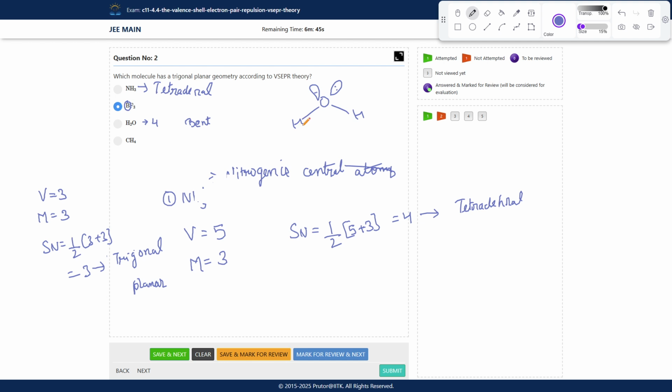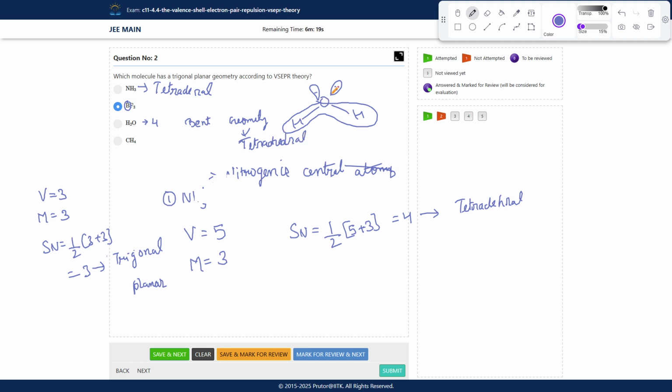If you remember our previous discussion, I know it is new to you, so I am telling it to you. This is having a bent shape if you consider only the atoms and not the lone pairs. If you consider the geometry, then in that case your geometry would be tetrahedral. Why tetrahedral? Because geometry is totally calculated by using your steric number.